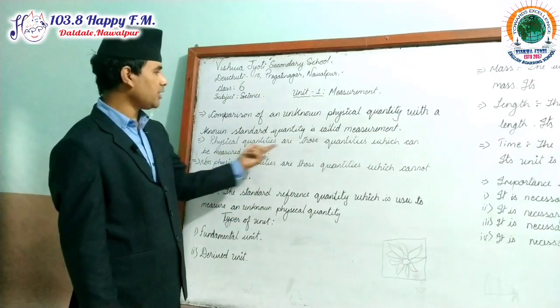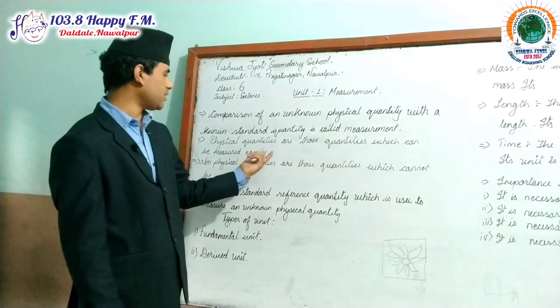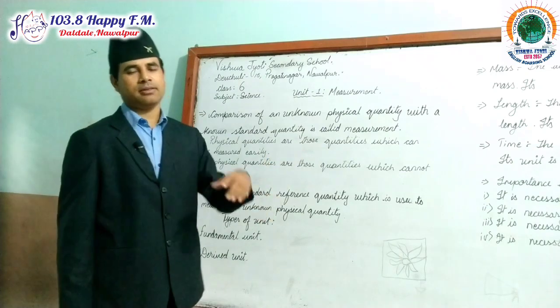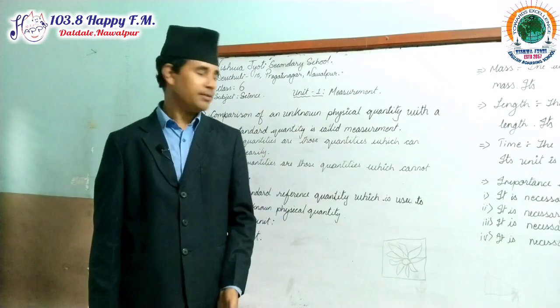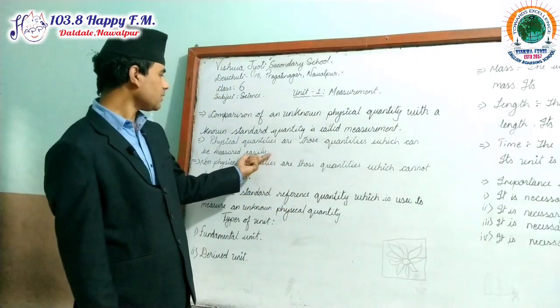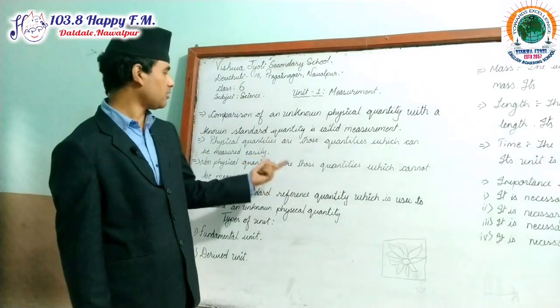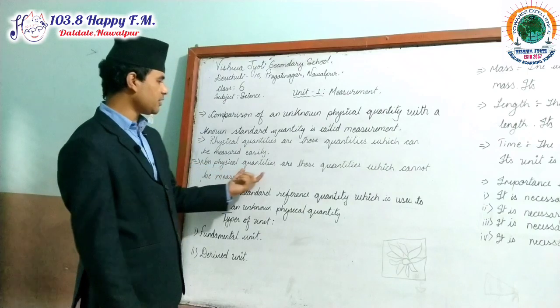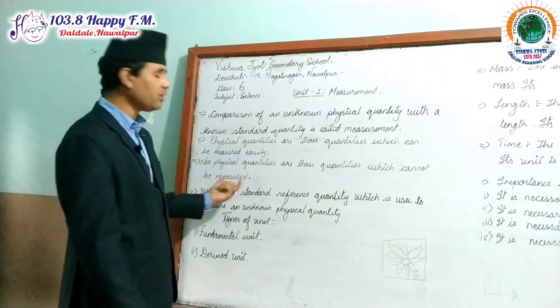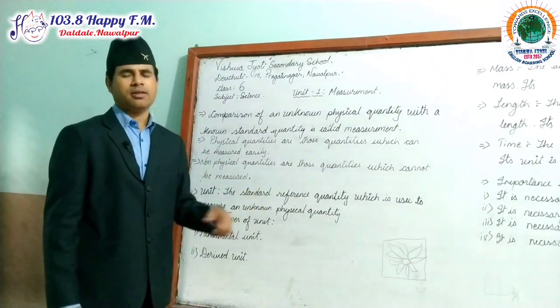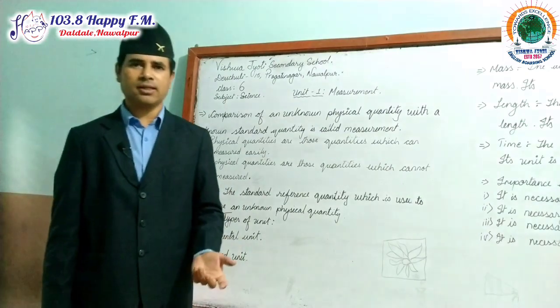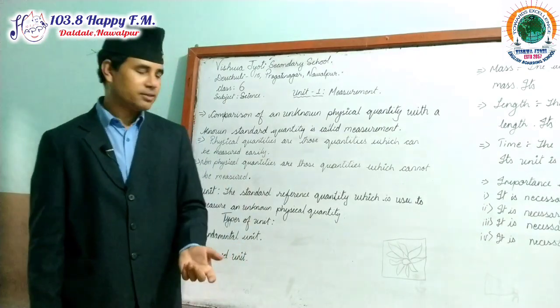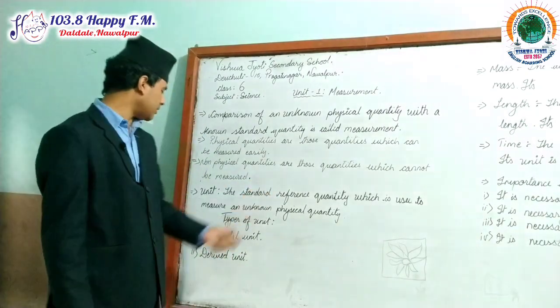Physical quantities, like the height of Mount Everest, we can measure easily. Similarly, the length of a rectangle or the length of a triangle, anything we can measure easily. But non-physical quantities cannot be measured. For example, emotions, we cannot measure emotions. Knowledge, we cannot measure knowledge. Those are the examples.